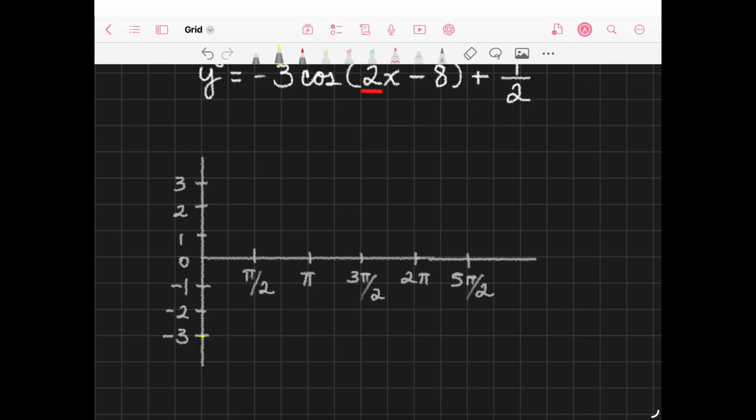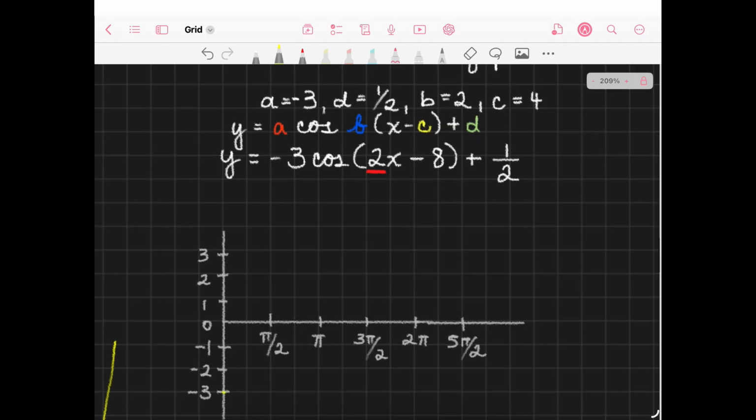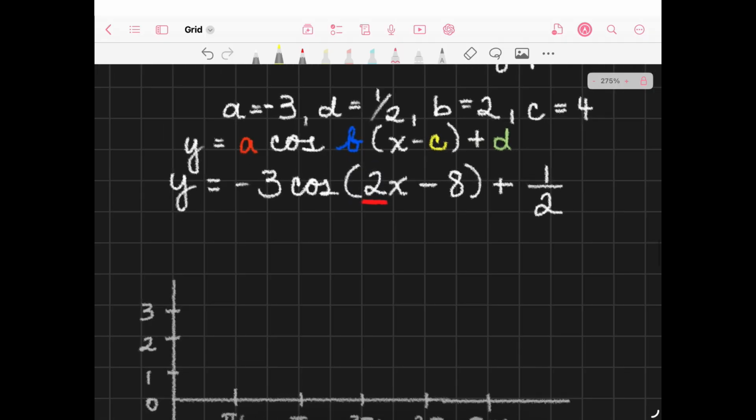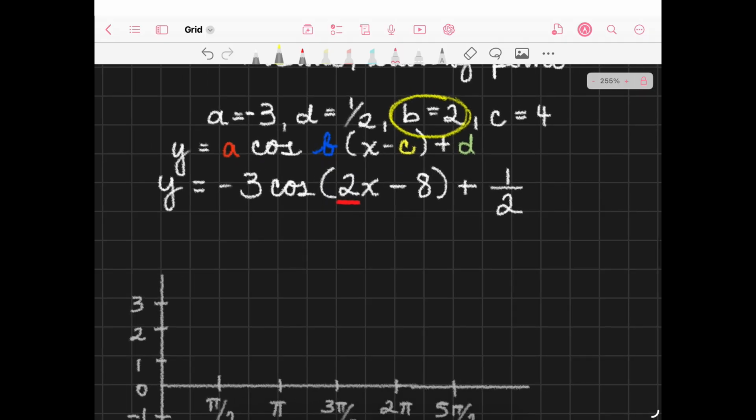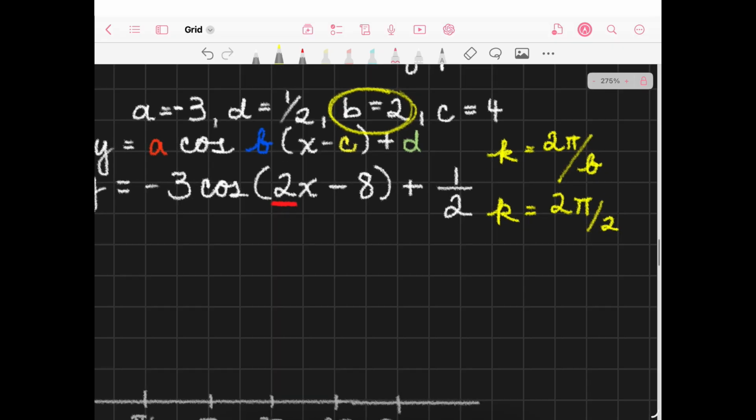But we're not going to trace anything yet, because we're going to find our K value given our B. So our K, our period, would be equal to 2 pi over B. K is equal to 2 pi over 2, so therefore our K would be equal to pi.